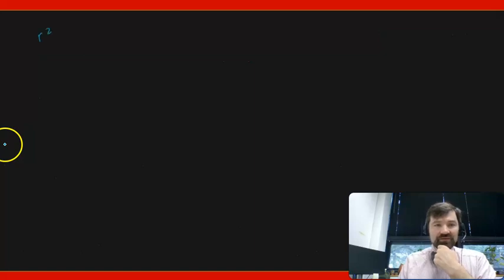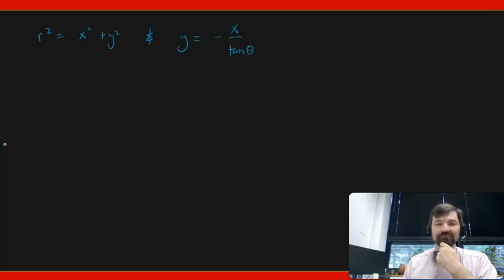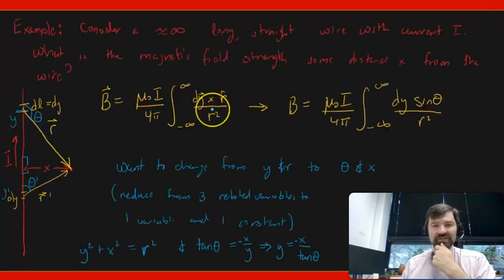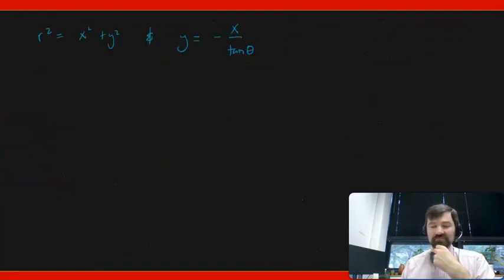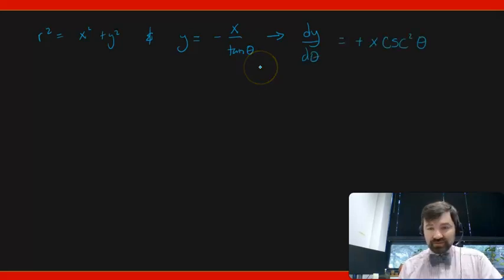All right, so if we have r squared is equal to x squared plus y squared, and also y is negative of x divided by tangent theta, we can kind of come to this equation where we see an r squared and where we see a dy, and basically substitute. So, okay, this right here, we need to figure out what dy d theta is. So we are basically taking a derivative of this negative tangent theta.